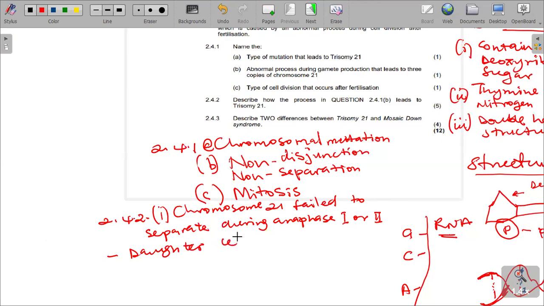A daughter cell with an extra chromosome is formed.